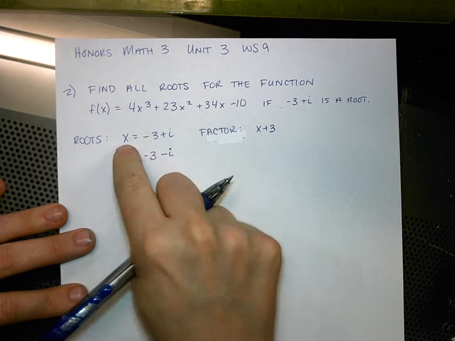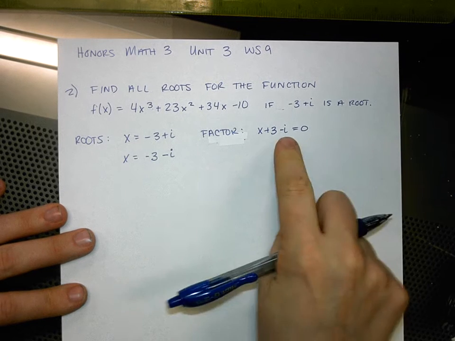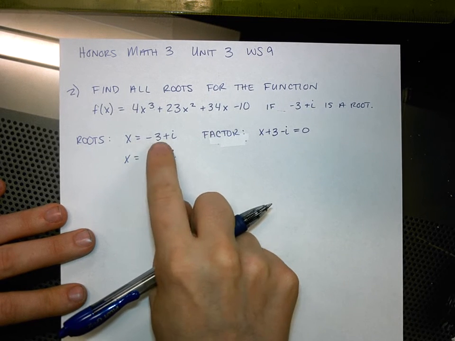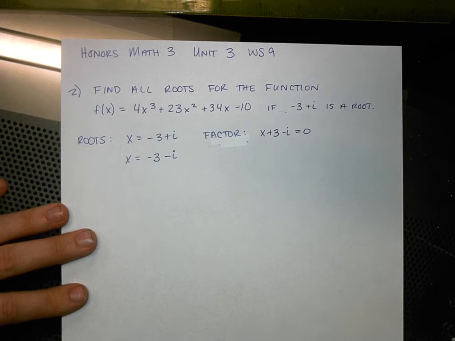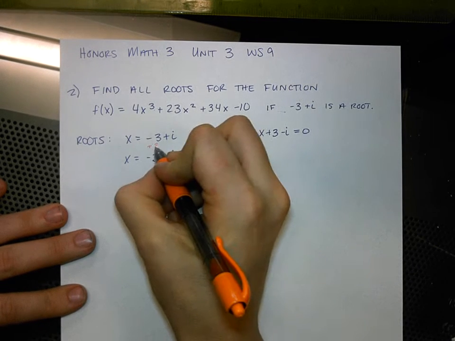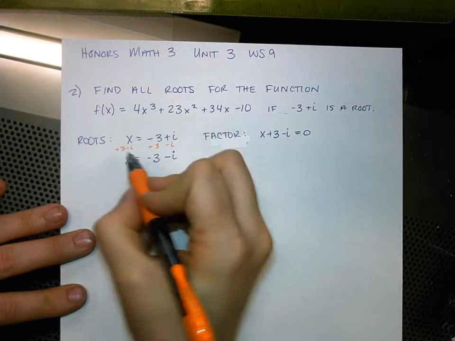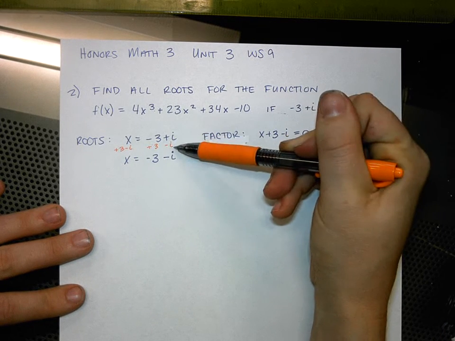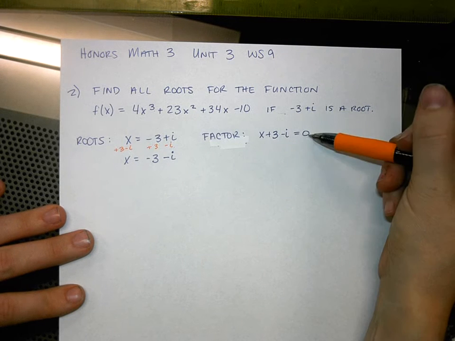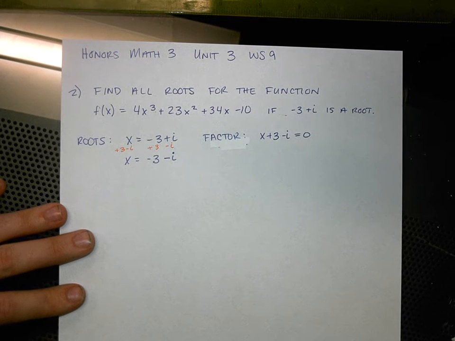And I'm going to subtract i from each side, and that gives me minus i. When you add 3 and subtract i to each side, then the right side equals 0, because -3 plus 3 and i minus i equals 0.